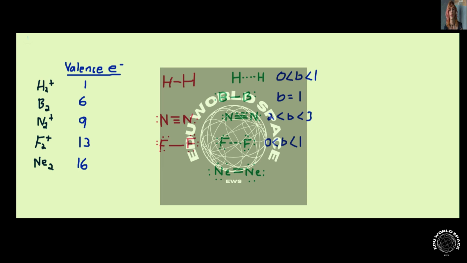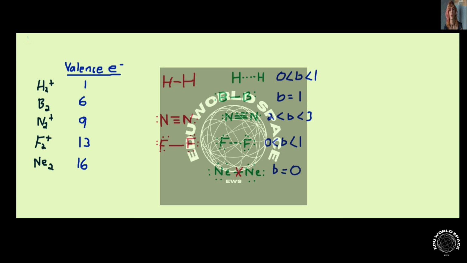We could try putting a lone pair here or here, but again you have the issue of being surrounded by more than 8 electrons on either atom. So it's very simple: this bond does not exist. There's no way to create this bond without breaking our octet rule, so our bond order is going to be 0.